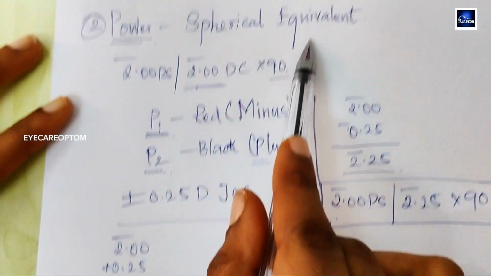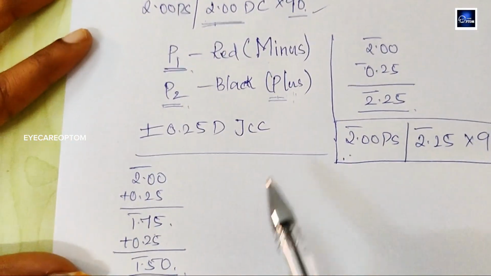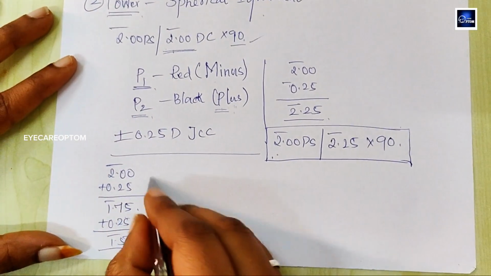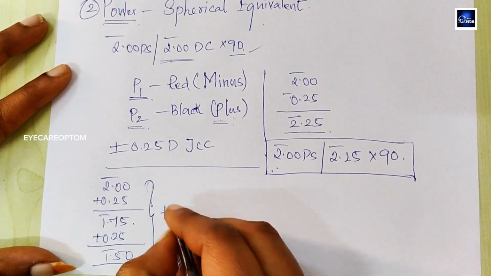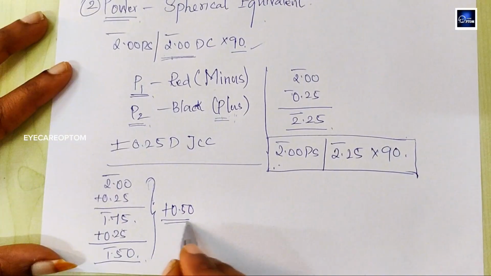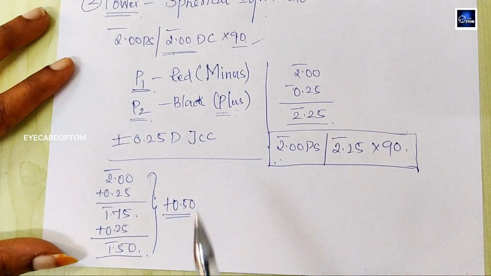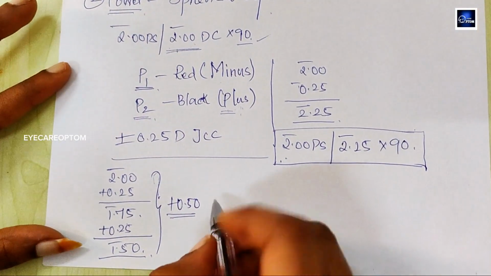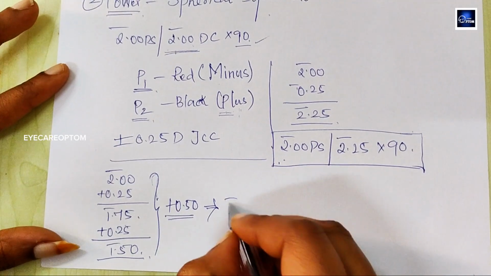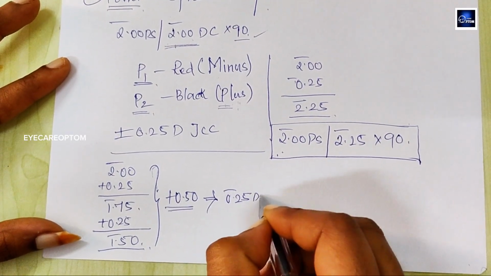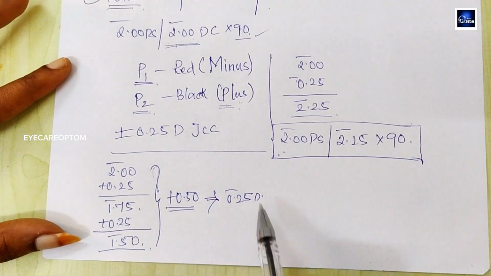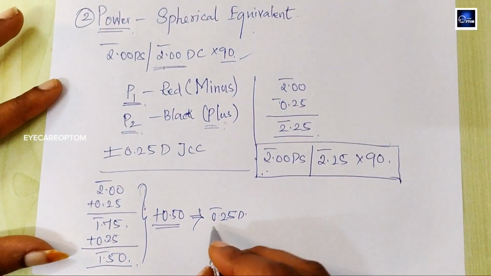Here, I need to remember about the spherical equivalent. Because throughout the procedure, I have changed around plus 0.50 diopter from the initial cylinder. So what I need to do here is, I need to add minus 0.25 diopter to the existing sphere. So the existing sphere is minus 2.